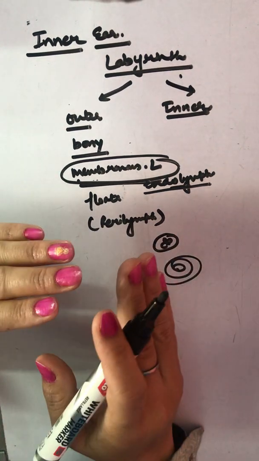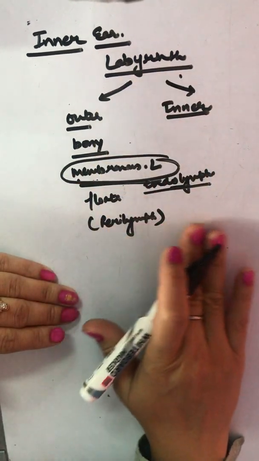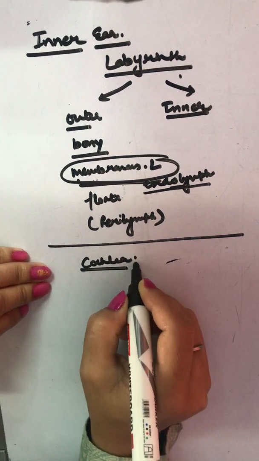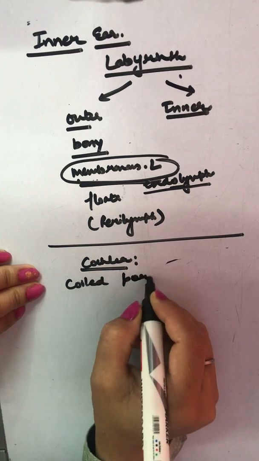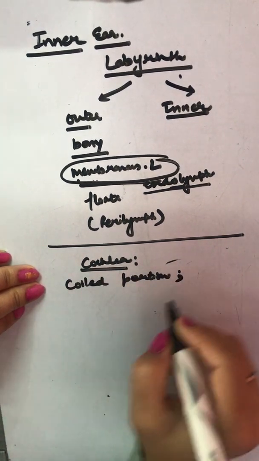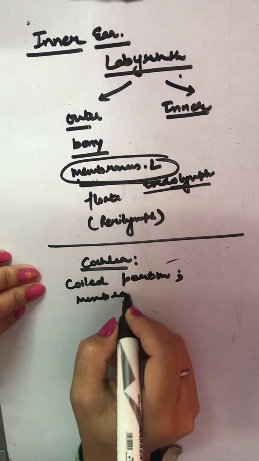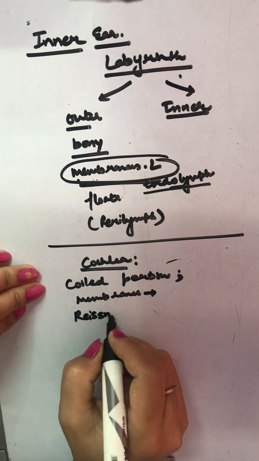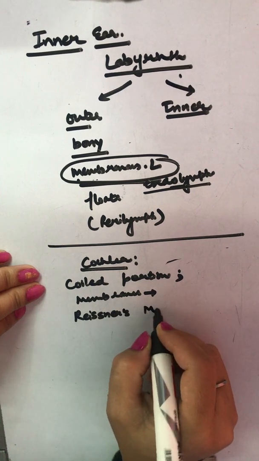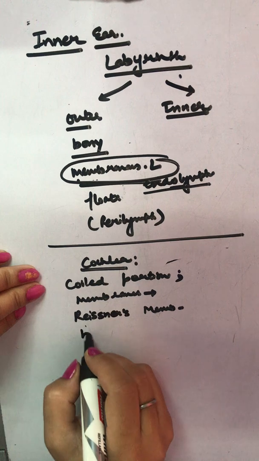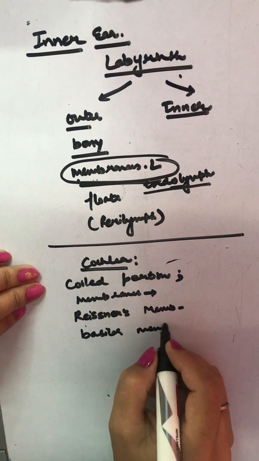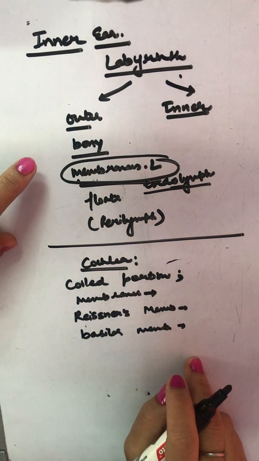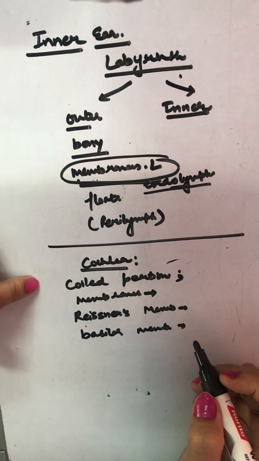So these are the two further divisions of the labyrinth. The cochlea is the coiled portion, and it has membranes, like the Reissner's membrane and the basilar membrane, which divide the perilymph filled bony labyrinth into upper scala vestibuli and lower scala tympani.